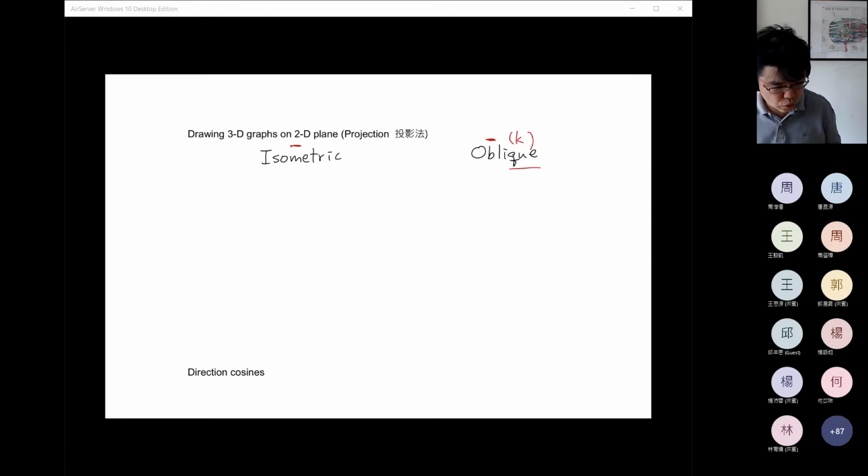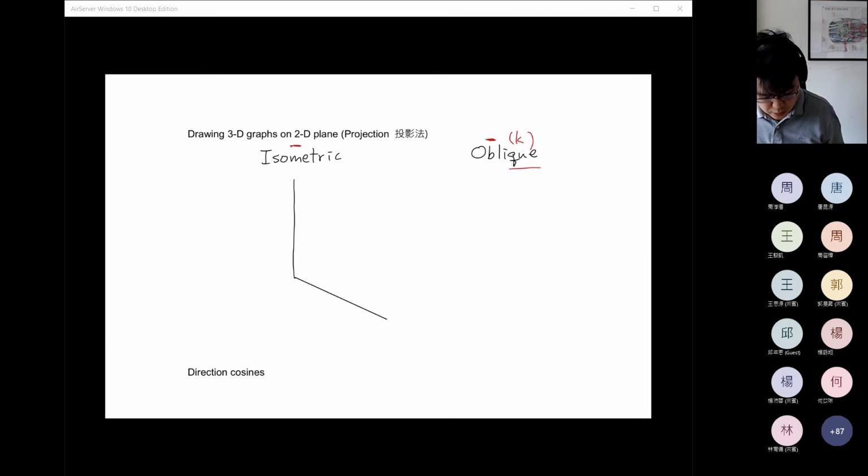Let's do some drawing. In 3D space, we have X, Y, Z axes, right? We want to draw them in an isometric drawing, so we put 3 axes here.